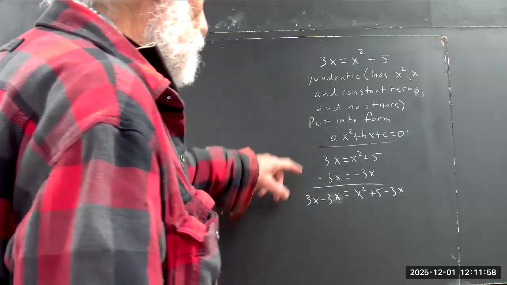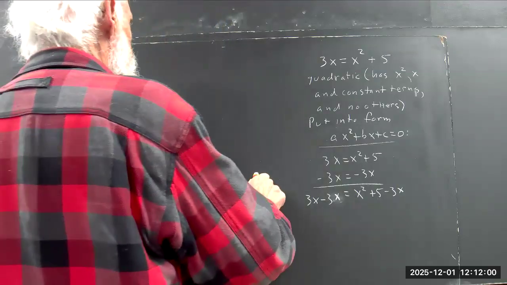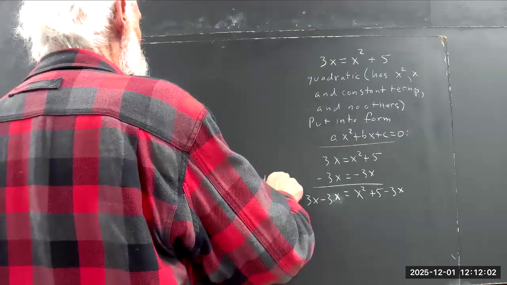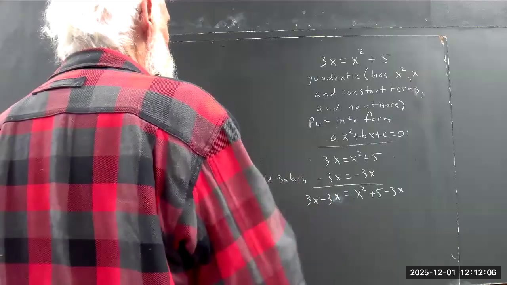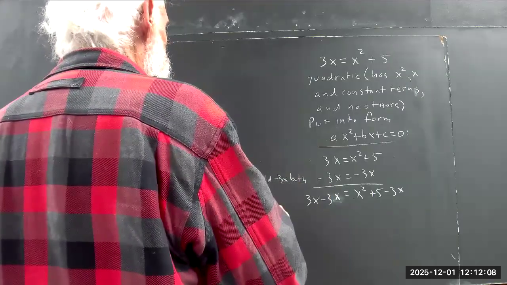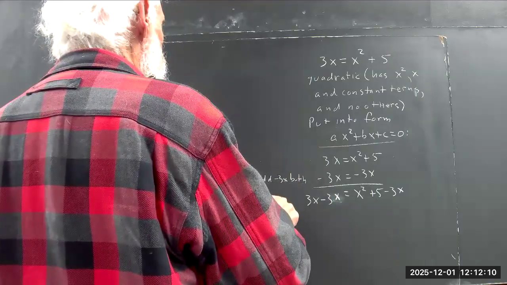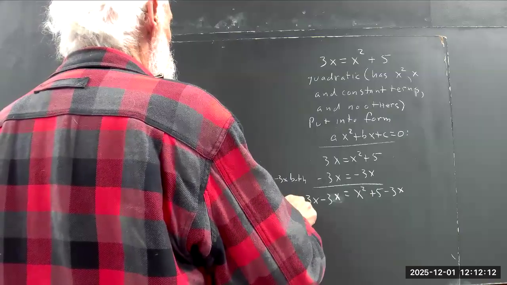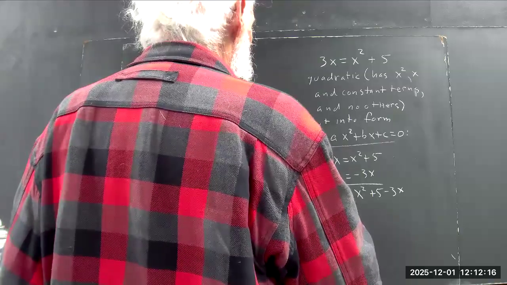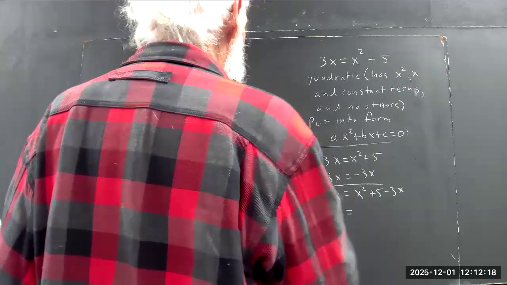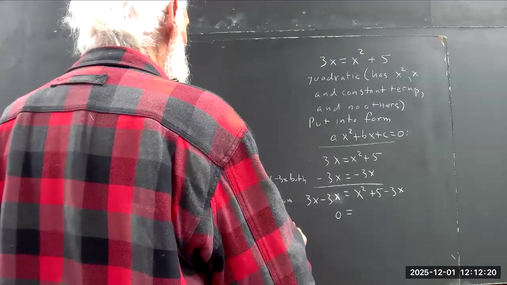Okay, so we add negative 3x to both sides. Sum equals sum. So 3x minus 3x then is 0. Because what we're going to do is simplify.